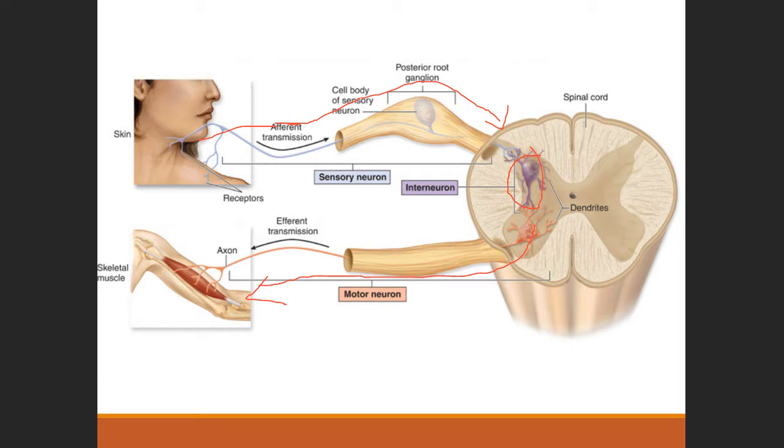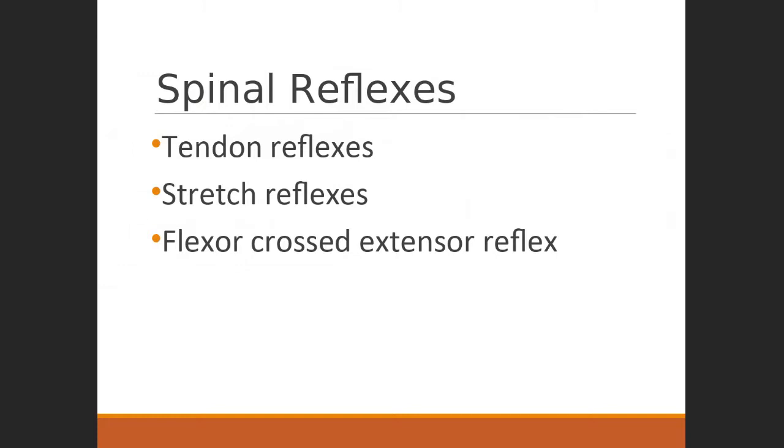So with a tendon reflex, if the bicep tendon is where the receptor is, it's the bicep muscle that is forced into relaxation. For the stretch reflex, if it's the bicep muscle that detects the stretch, it's the bicep muscle that undergoes the contraction. Not only are they ipsilateral, but they're very particular to that same ipsilateral muscle.